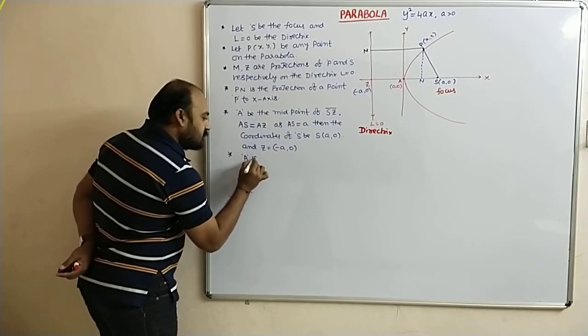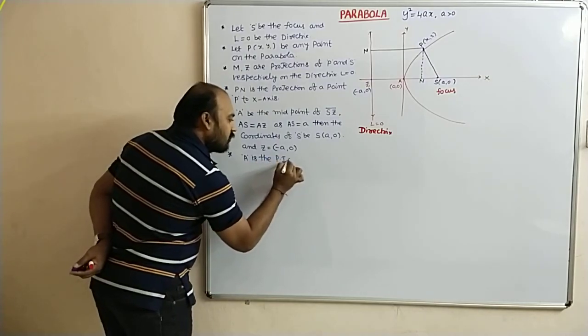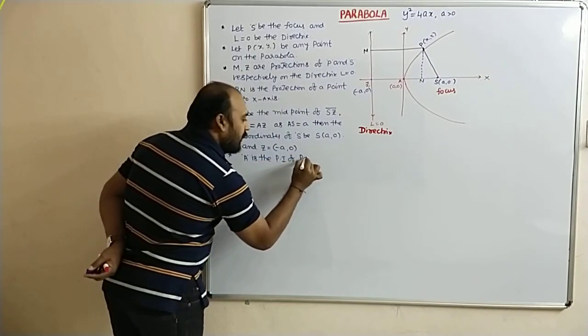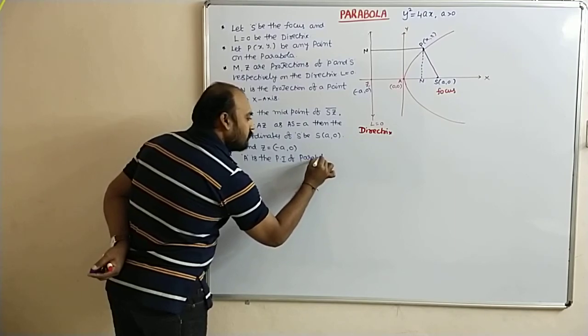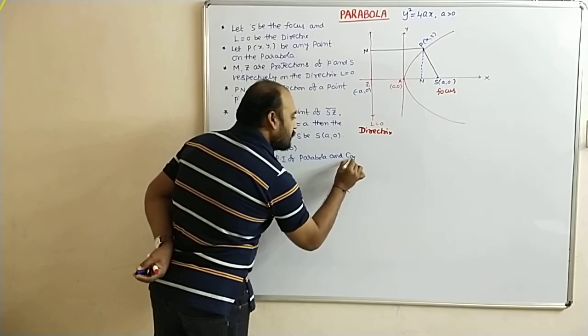A is the point of intersection of the parabola and the coordinate axis.